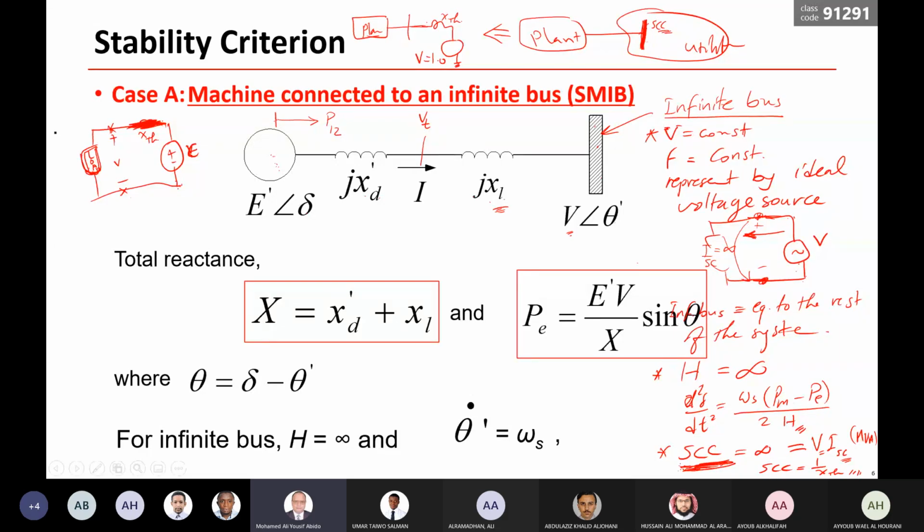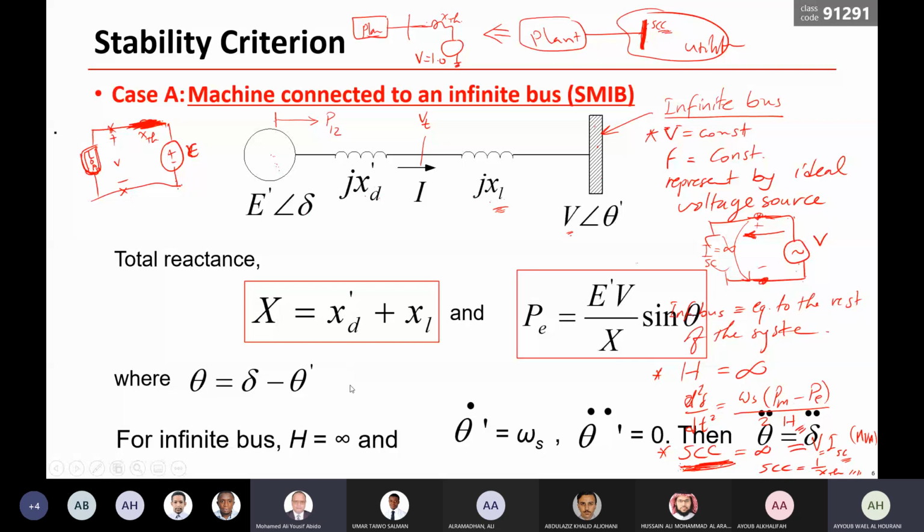So definitely, if you take the actual values, the short circuit capacity at transmission level will be higher than the short circuit capacity at distribution level. Okay.